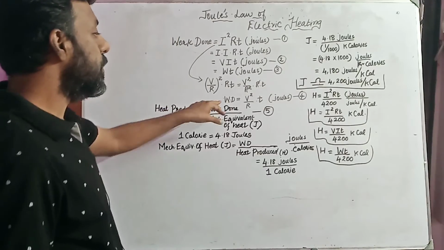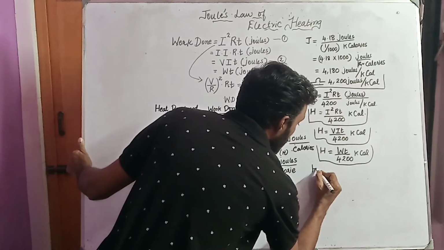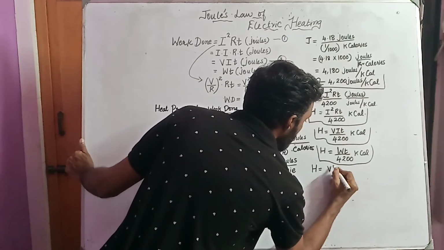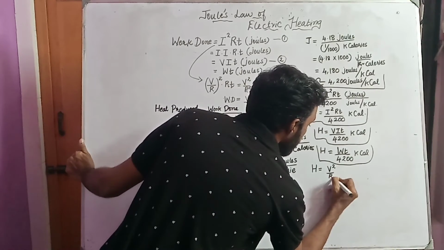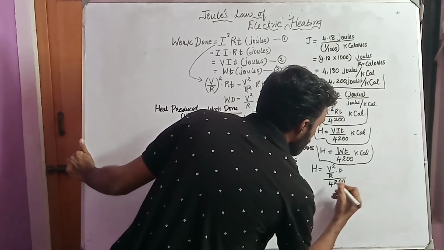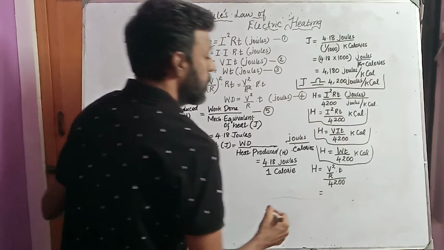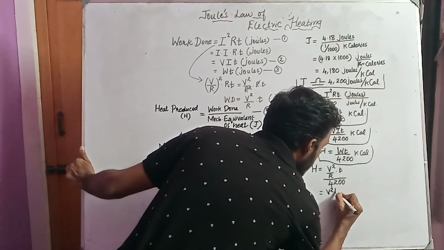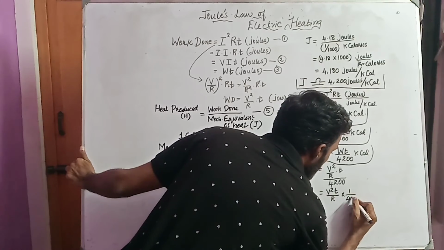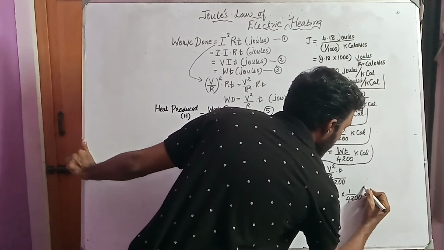And the final thing is you can use the work done equation, V squared T divided by R. So H will be equal to V squared by R into T divided by 4200. So this will become V squared into T divided by R into 1 divided by 4200 kilocalories.